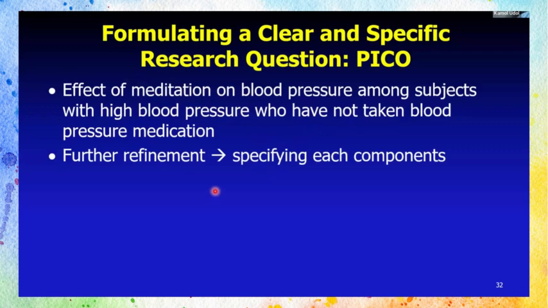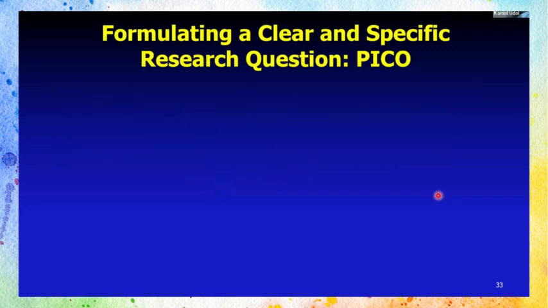So you have to go on with further refinement. Repeat the cycle again. More review of literature, discussing with your colleagues, your professor, your peers. Make it more clear, more specific, until you get something like this. You have to specify each component. Regarding population, make it specific and clear.